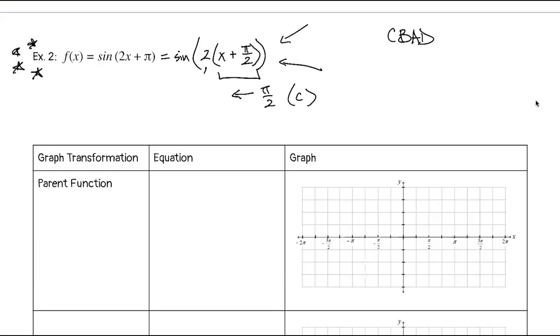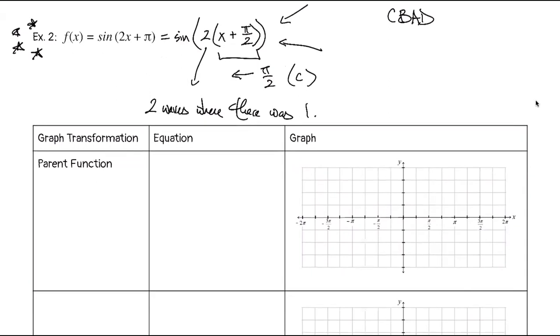And then we have 2 waves where there was 1. Or as other folks have said, it's a horizontal compression. So those are the 2 things that are happening here. I have to move the graph to the left, and then around the center point, I have to sort of collapse in.